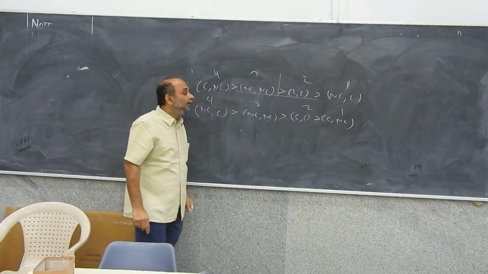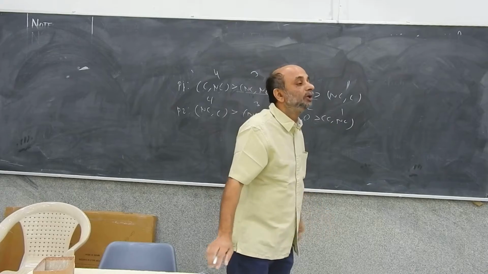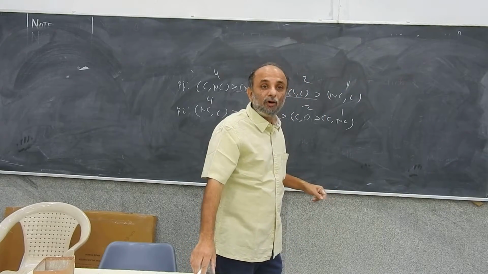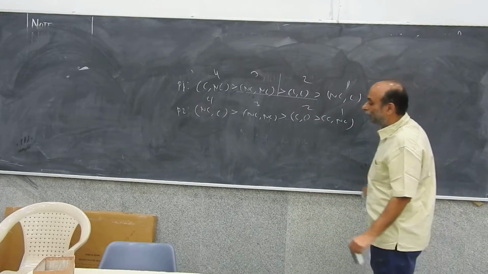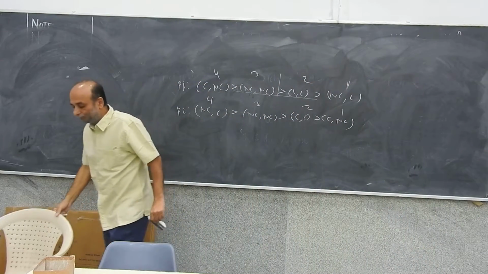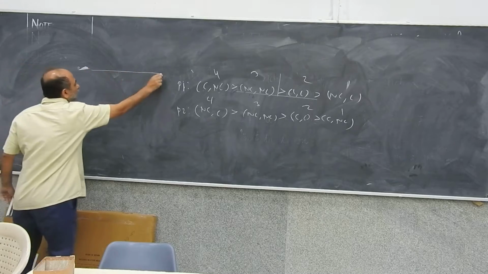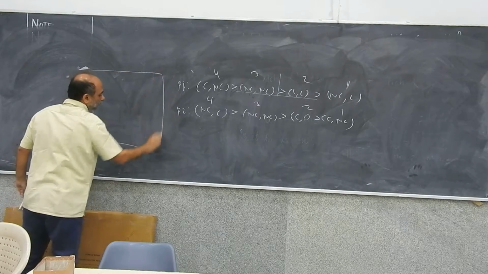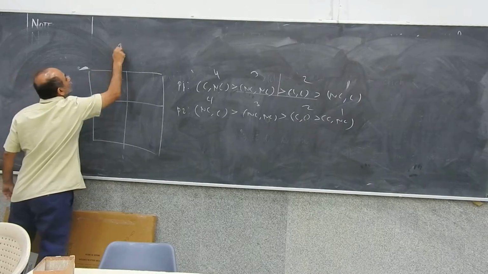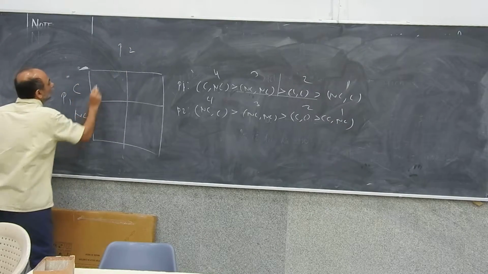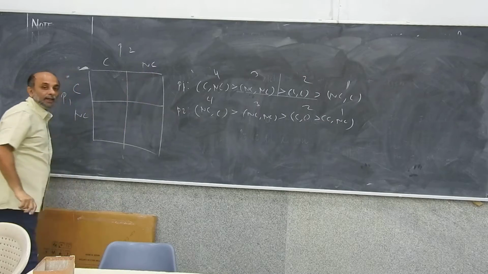Sure? Okay. Now we can convert this into what is called a matrix form, a normal form game. Okay. A normal form game will be like this. I'll write the normal form first. So here is P1, here is P2, C NC, C NC.